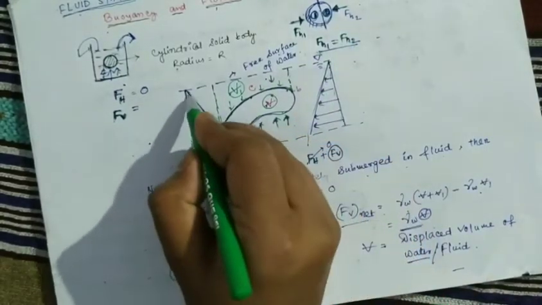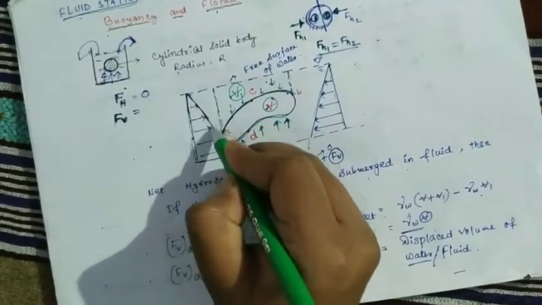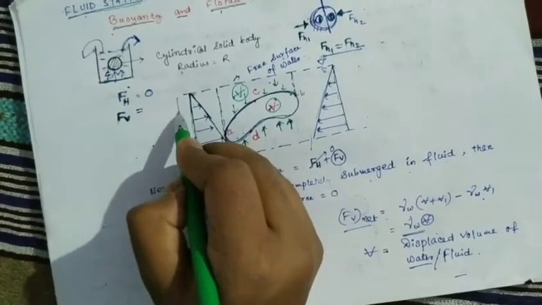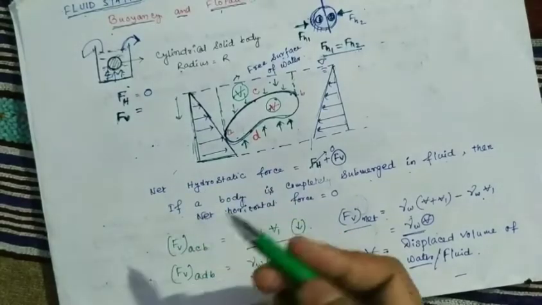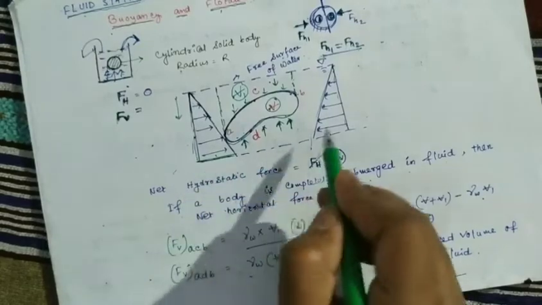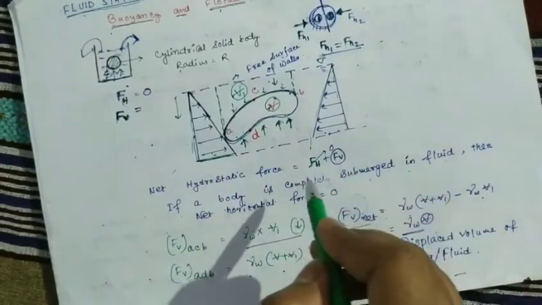The diagram of horizontal hydrostatic force is something like triangular, because as we go downward in depth, the hydrostatic pressure will increase. Both have the same magnitude, in this way they neutralize each other.